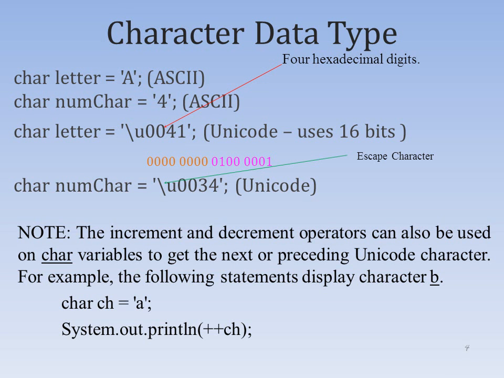Okay, let's explore the character data type for a while here. The character data type is denoted by char, and that's the type. Note that we can assign the value of a letter to a character data type, and we can also assign the value of a digit, such as the number 4, to a character data type.